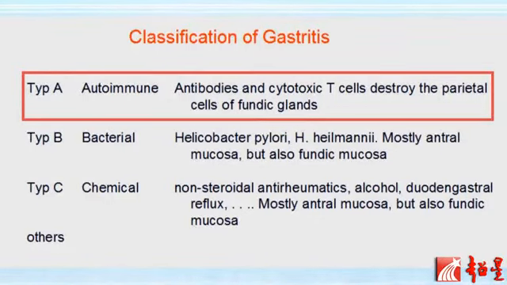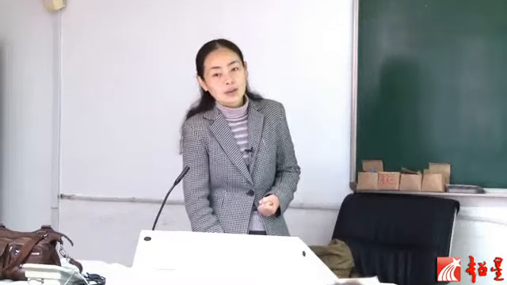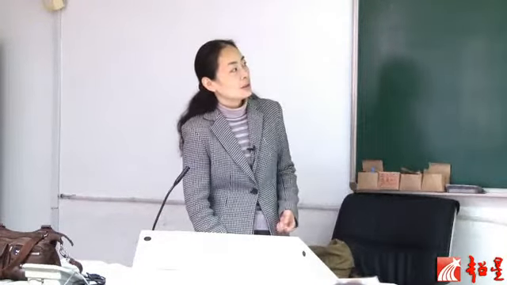These antibodies to the epithelia of the stomach. For example, this antibody or the cytotoxic T cell will destroy the normal glands, especially these parietal cells. So the production of acid is decreased.